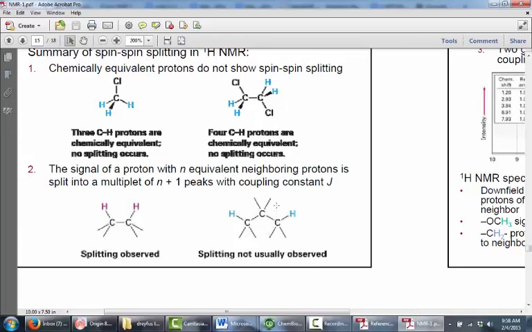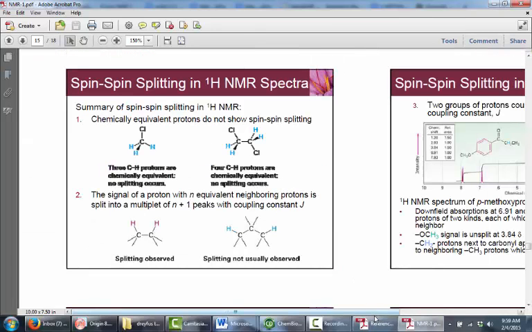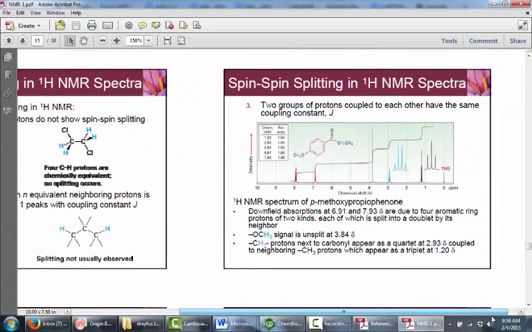The final thing is that we don't look at long-range splitting. Proton signals are only split by the immediate local environment. So this proton over here is not affected by the possible spin states of this proton. The splitting is only determined by the protons on carbons that are directly attached to it.